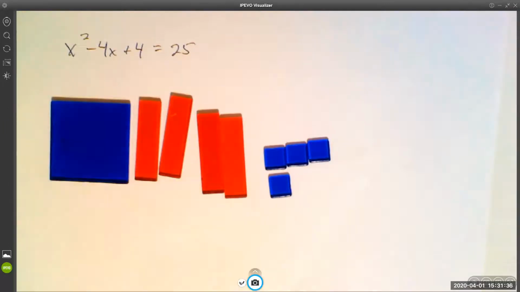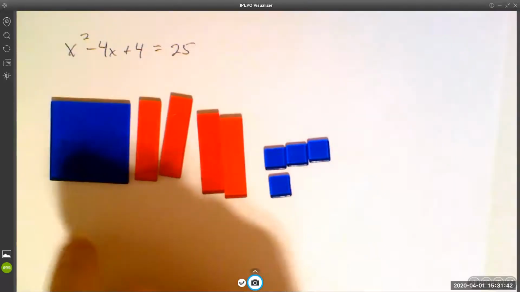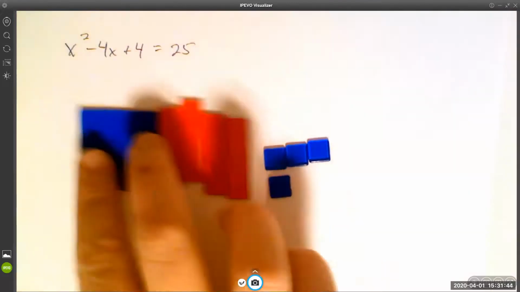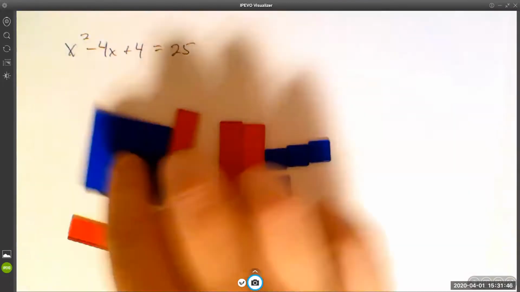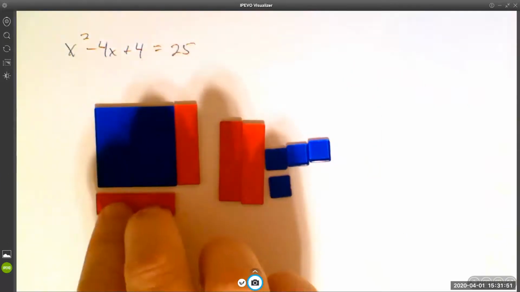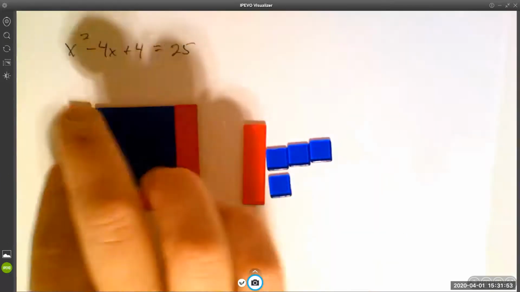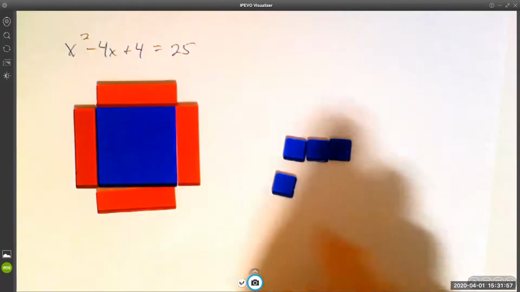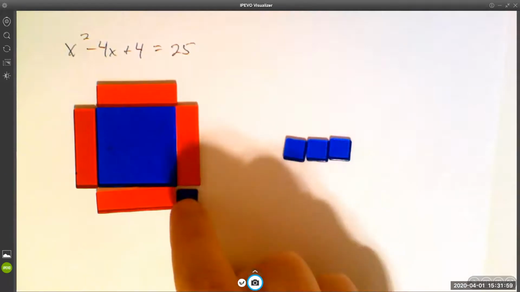Okay, I'm going to show you a couple different ways that you could potentially do it. Okay, so one way to do it is you could maybe put x squared there in the middle, put an x along each of the sides, and then fill in each of the corners with a unit.